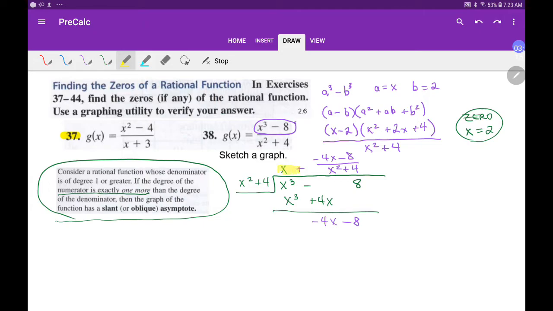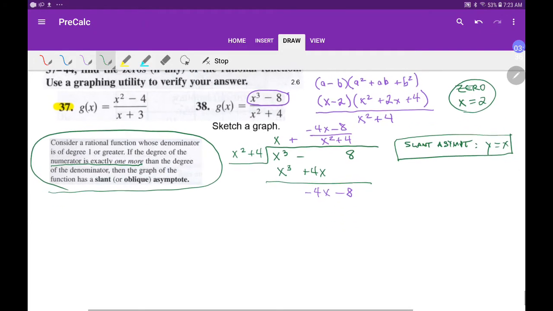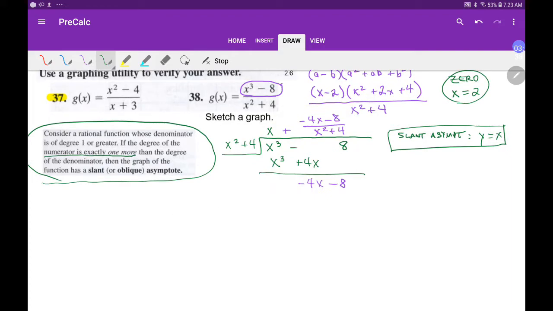So the main thing that we're looking at is the x. Okay, so my oblique, or my slant asymptote, is y equals x, just x. And I can ignore the remainder, pretty safely.